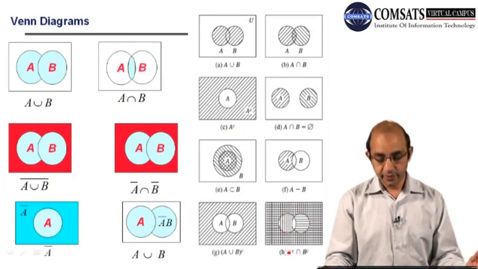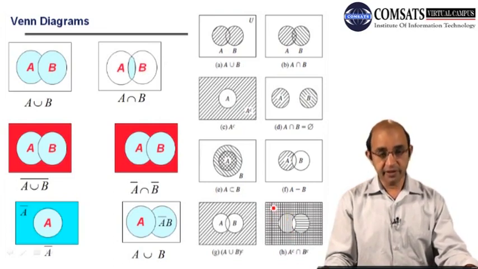So for A complement and B complement, those horizontal and vertical lines cross each other outside those two circles, so here we have the intersection. A complement intersection B complement is the exterior area. But if we take the A complement as horizontal lines, they are passing through here.